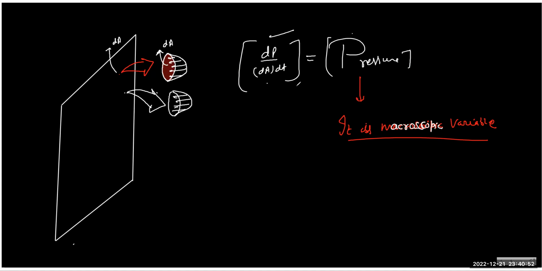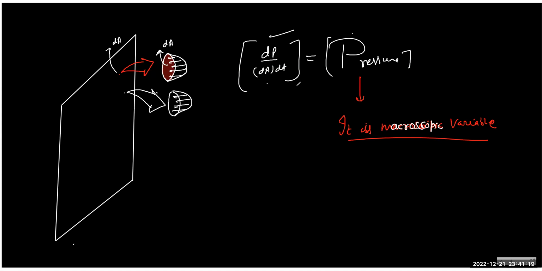Can you repeat the statement? See, we have a distribution of molecules, a velocity distribution. That velocity distribution will be the same throughout the volume in steady state. Then only we can define the pressure, yes or no? Yes. Just like temperature, we can define it when we have the same distribution across the volume.